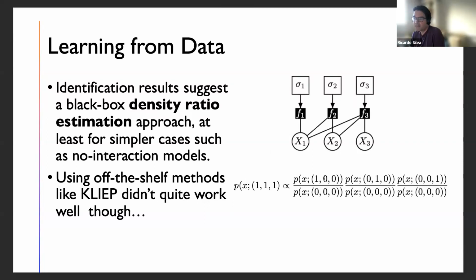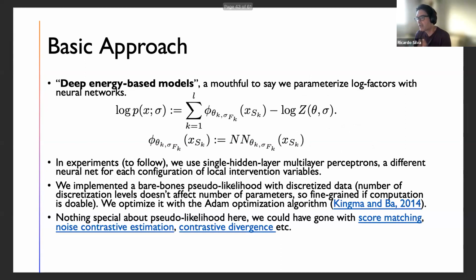So in principle, you could learn from data these density ratios directly and multiply them to recover our density of interest. I tried this and maybe due to my own incompetence, it didn't work too well. But it's something that in theory could reduce the problem to density ratio estimation problems. In practice, I found that fitting a likelihood function directly was more fruitful.